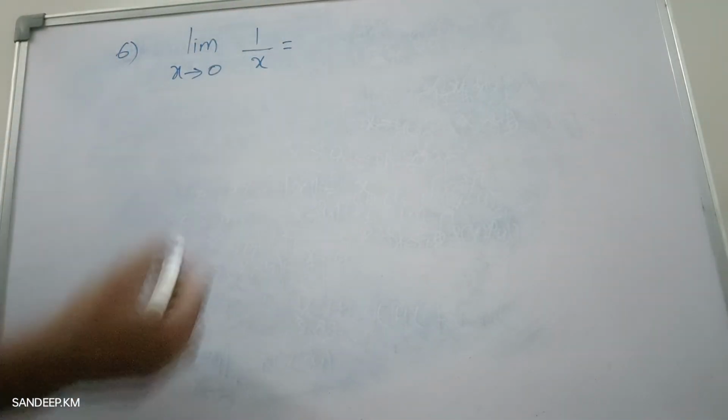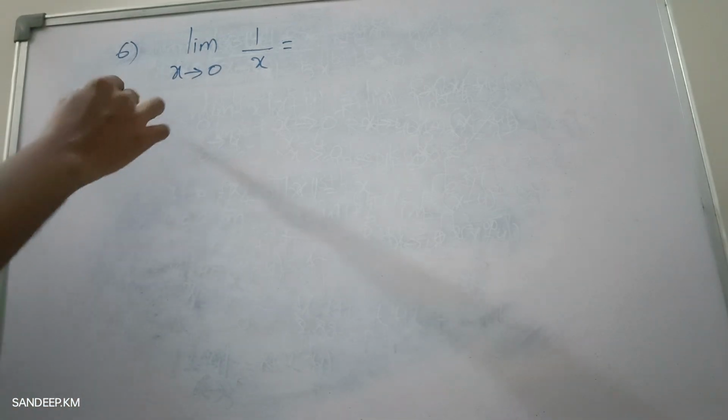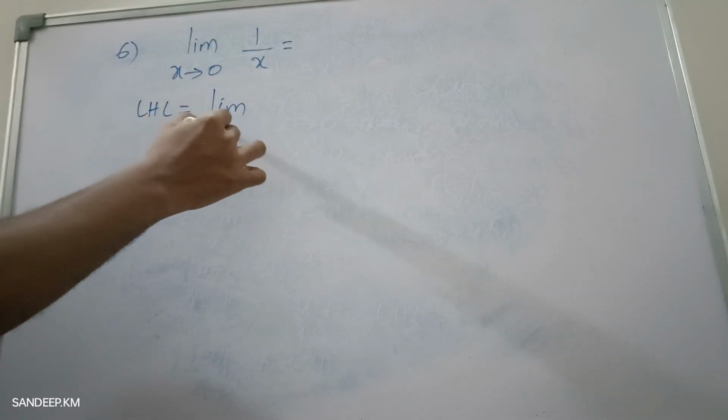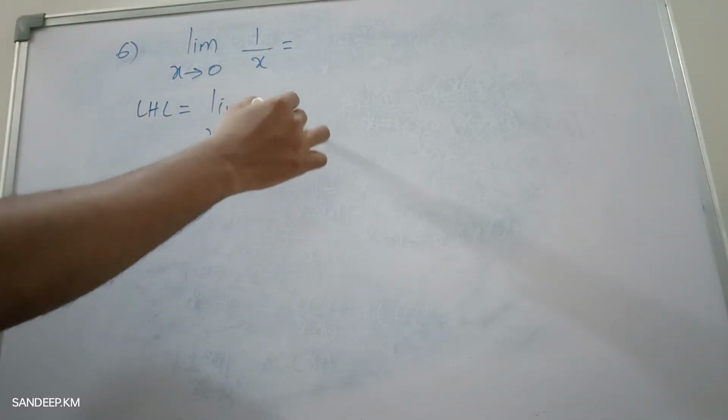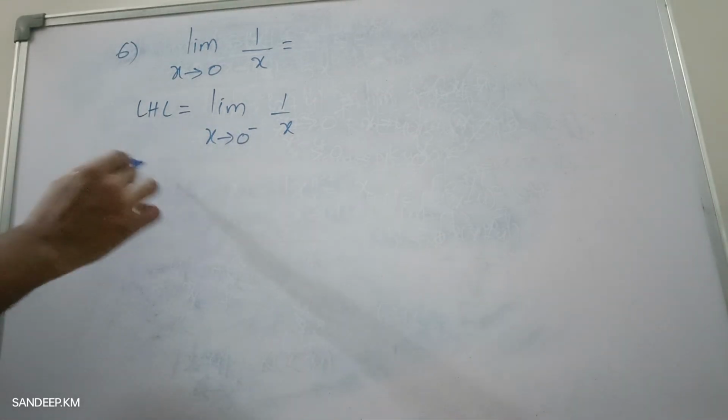So question number 6. Limit x approaches 0, 1 by x. So whether the limit exists or not, let us see. Question number 6. Limit x approaches 0, 1 by x. First, if you take LHL, limit x approaches 0 minus, 1 by x. And dear students, we know that x approaches 0 minus means what?